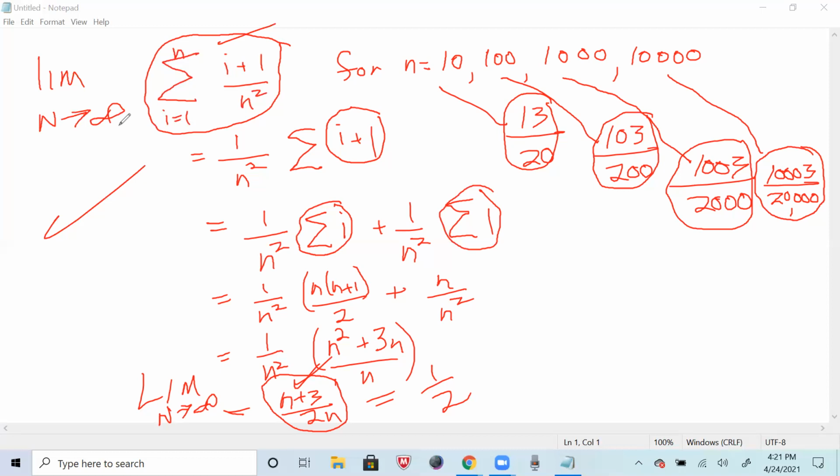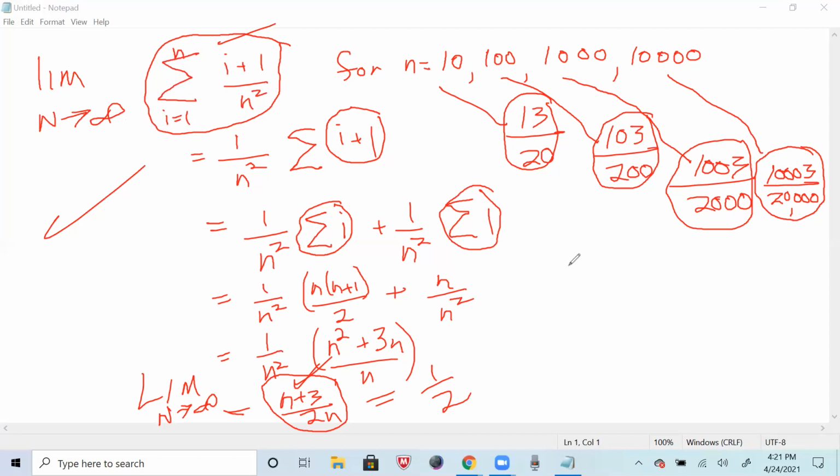Because n is usually the number of rectangles that you have under your curve. Okay. And as each rectangle gets thinner and thinner and thinner, you have a bigger and bigger and bigger n.